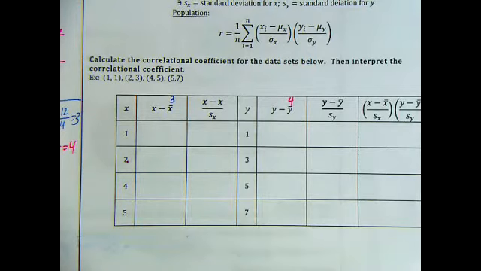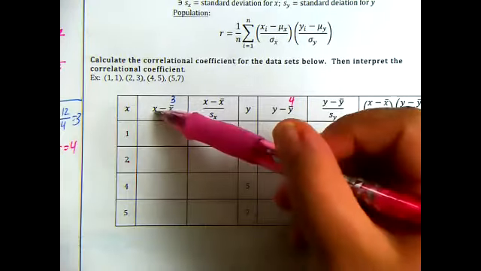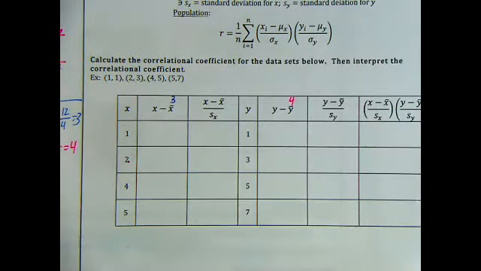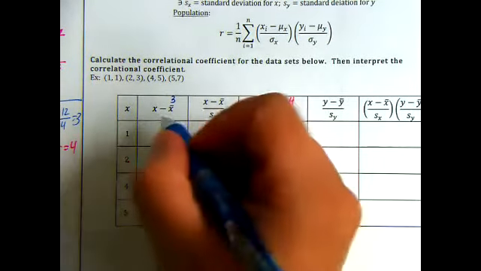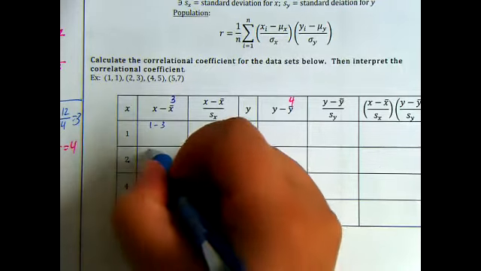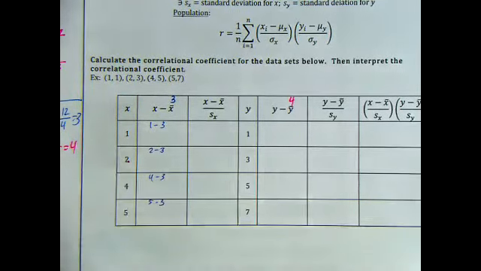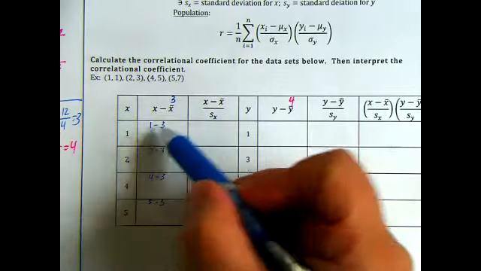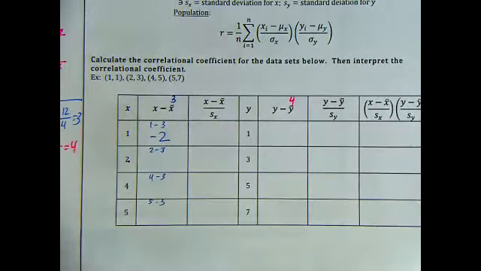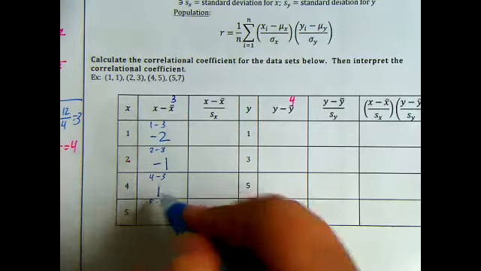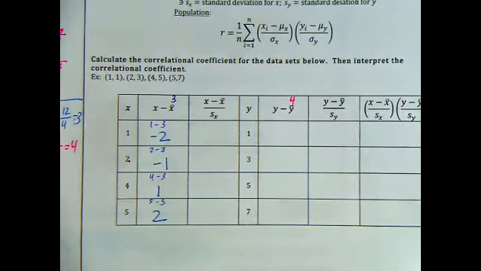Sticking with it? Okay. Now we're going to take each data point and subtract the mean that we found. So this is going to be 1 minus 3, 2 minus 3, 4 minus 3, 5 minus 3. So this will be negative 2, this will be negative 1, this is just going to be 1, and this will be 2.